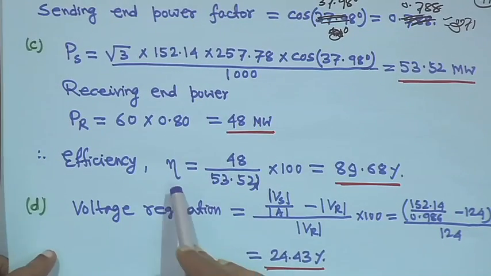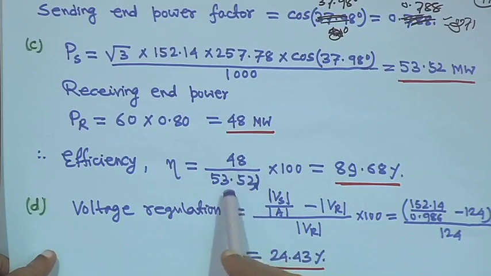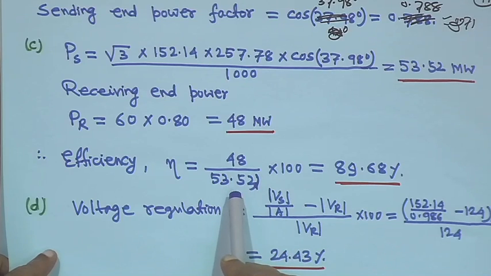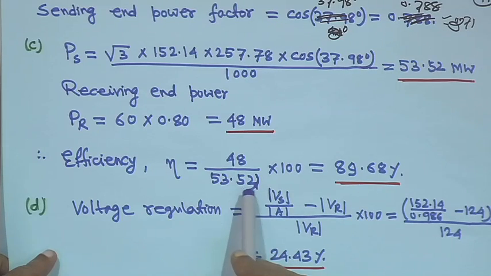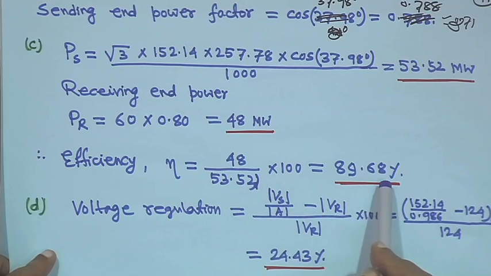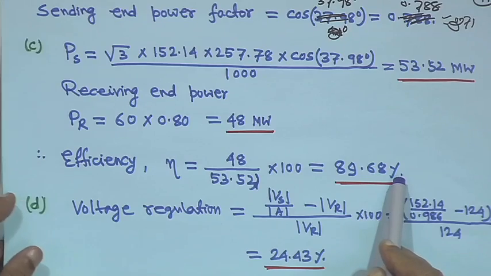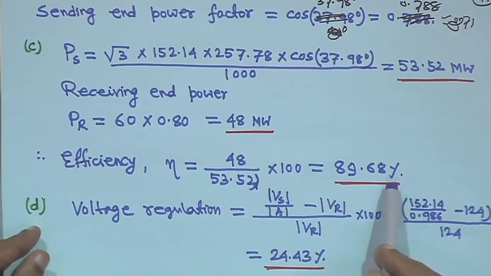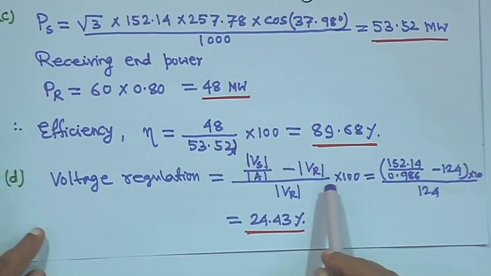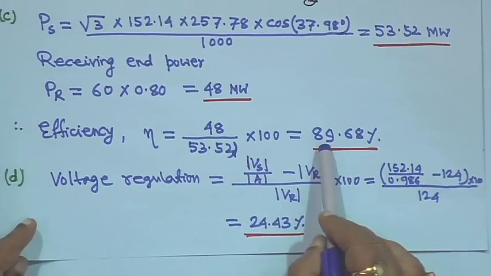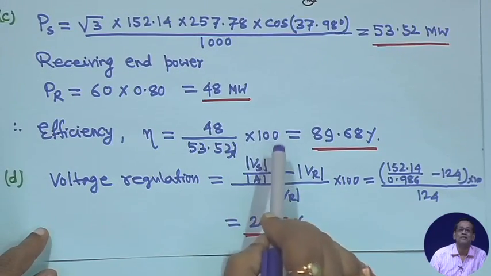So, 53.52 sending end, receiving end is 48. So, efficiency is PR upon PS, this we know. So, 48 upon 53.52 is 89.68%, right. This is the efficiency of the line. It was given in part D, efficiency of the line, but here itself we have computed it.